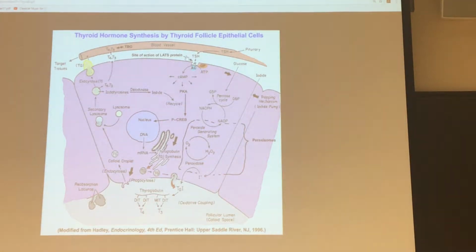Okay, you've seen this picture already, and the big thing about the epithelial cells in the thyroid is they both make the precursor of the active hormone in the form of this big protein with modified residues that are embedded in it. This is what gets iodinated when you've got sufficient iodine and sufficient energy available to make the hormone.